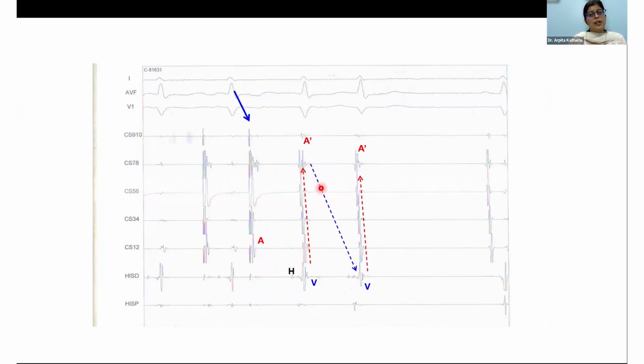Again, it went antegradely to the slow pathway and came back to the fast pathway. It generated 2 beats. These are known as echo beats. If this continues, it will induce AVNRT. These are 2 AV nodal echo beats.